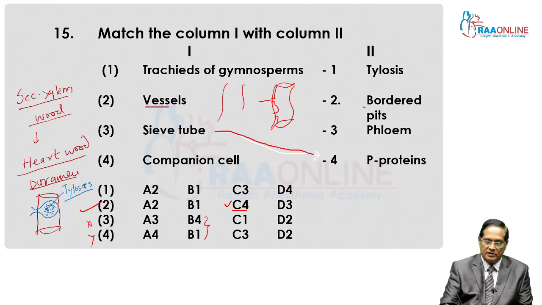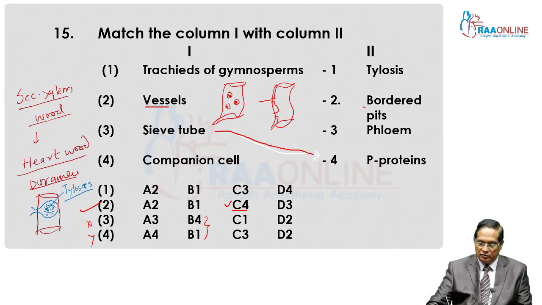So we can prepare in this manner also. These are the pits found in the secondary wall. If this is a secondary wall and this is the pit, and see this border, so they are called bordered pits.